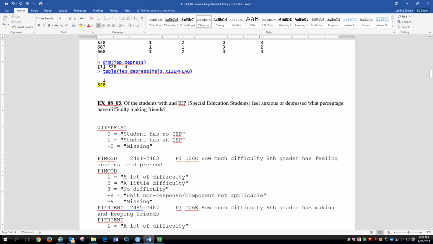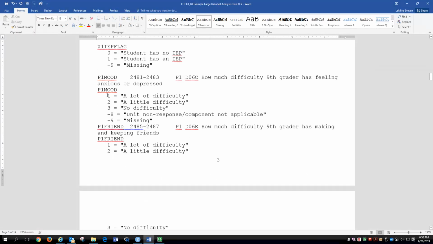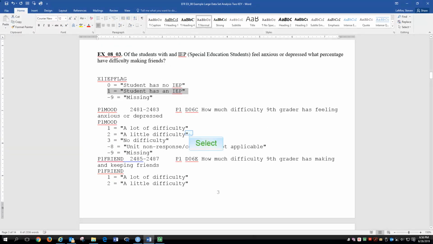For number 3, of the students with IEP, special education, feeling anxious or depressed, what percent have difficulty making friends? So IEP is 1. Feeling anxious or depressed is 1 and 2, right? A lot or a little.